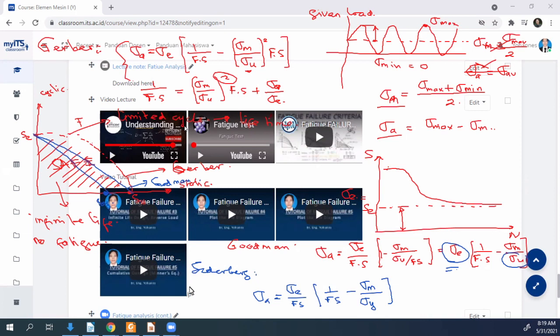Okay, so the conclusion is that Soderberg, Goodman, and Gerber are criteria to evaluate the performance of a component at a given load, whether this component will have finite life or infinite life.